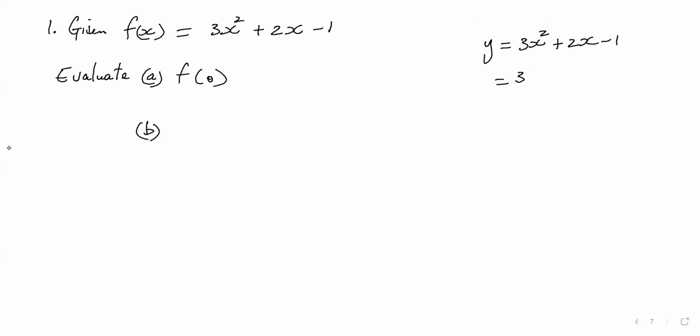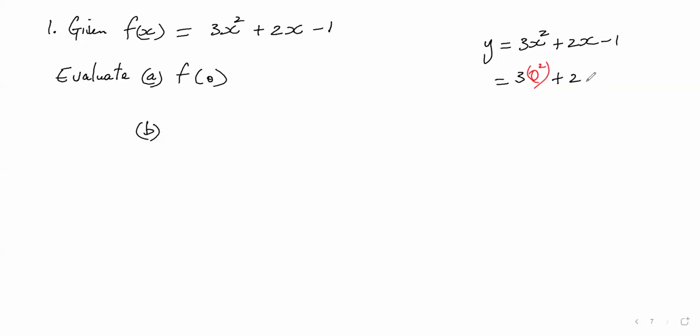So that's 3, and we're going to put 0. Let me write it in red. So that's 0 squared. You always square first. Don't forget that.